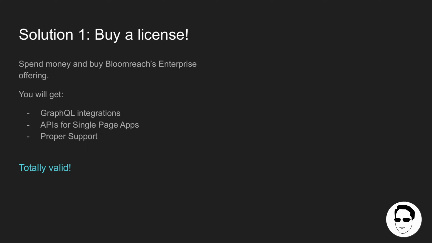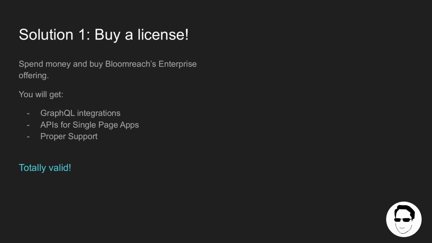Now, one solution to all these problems is to buy a license, because while this is the open source offering, Bloomreach has a very extensive enterprise offering that includes things like a GraphQL integration, a bunch of APIs for single page apps, and of course, proper support and help during migrations and all that kind of thing.